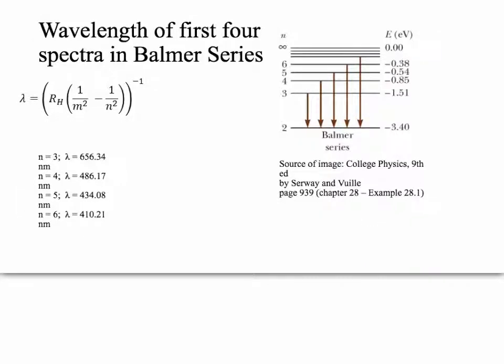And then you can continue that for all of the Balmer series. So this is the first, second, third, and the fourth number in the Balmer series, where n equals 6. And so you can calculate the wavelength for each of those numbers in the Balmer series.